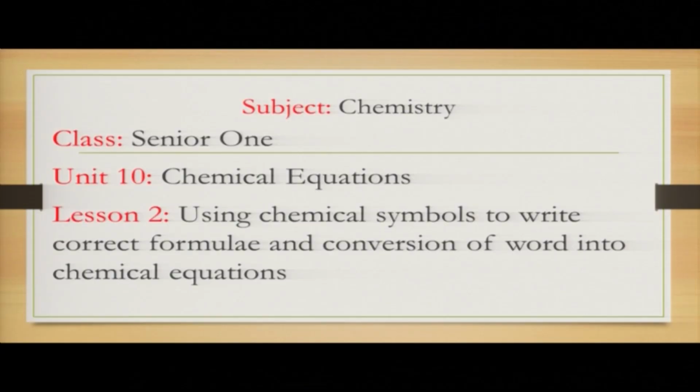You remember our unit number 10 is about the chemical equations. And our lesson of today will be talking about using chemical symbols to write chemical formulae and conversion of word into chemical equations. You remember in the previous lesson, we were looking at the chemical reactions in general.